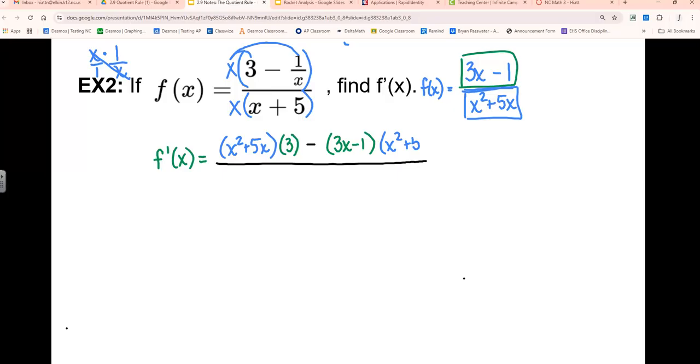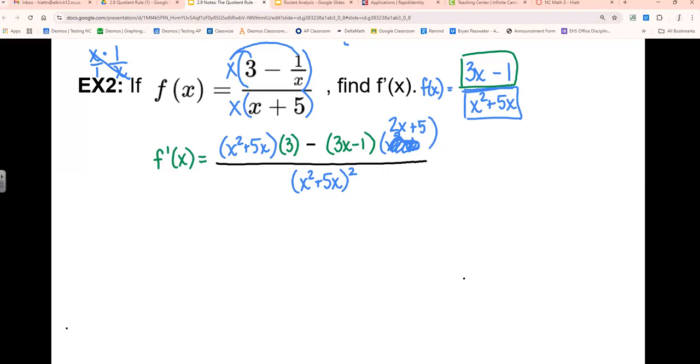Oh, wait. Gosh, I can't erase it. What did I forget to do there? I was just writing x squared plus 5x, which is wrong. Got to take the derivative. 2x plus 5 here over low squared, like that.